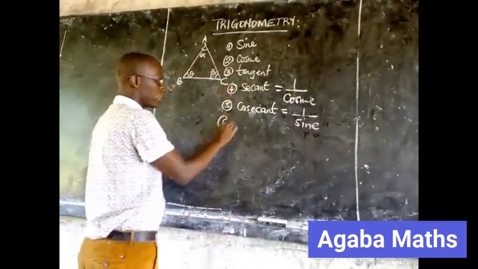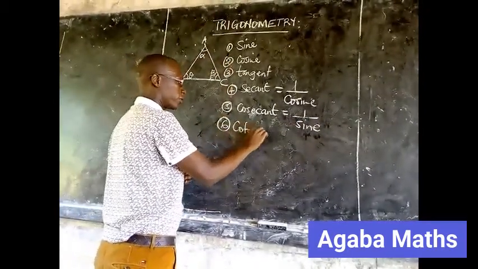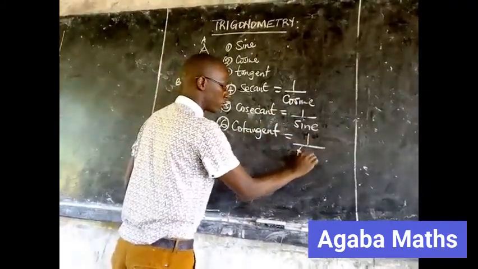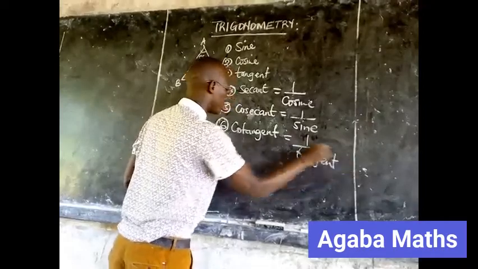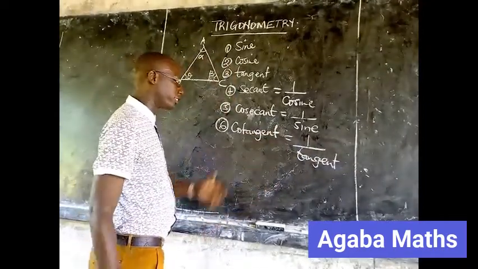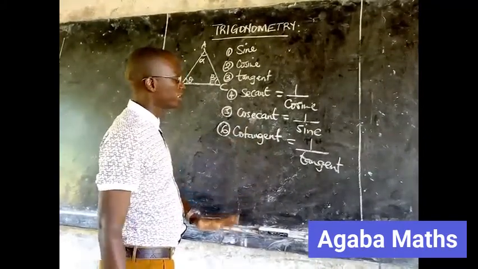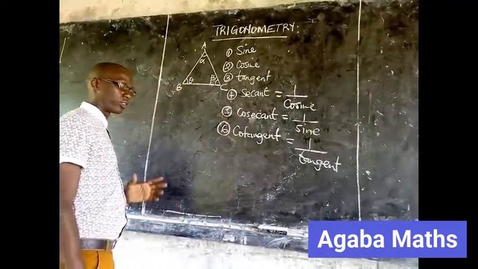Then lastly, we shall have the cotangent, which will be 1 out of the tangent. So whenever we say cotangent, it is 1 out of the tangent. Cosecant is 1 out of the sine. Secant is 1 out of the cosine.